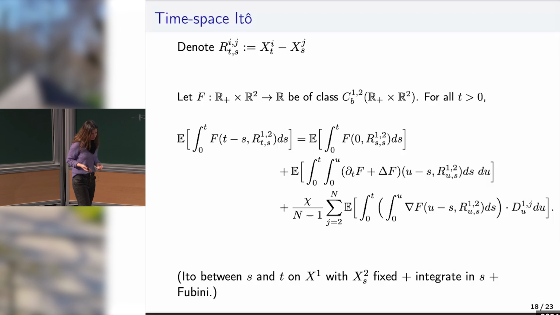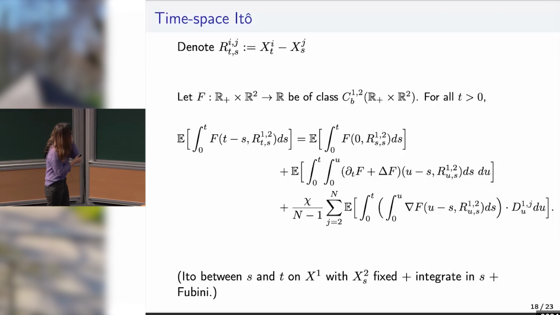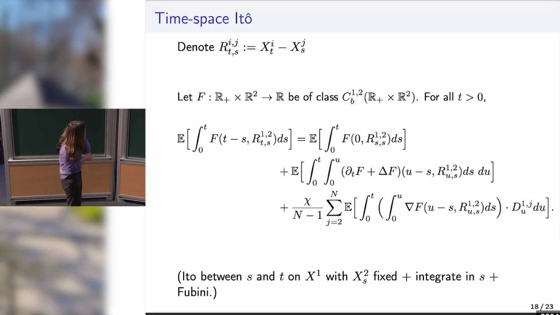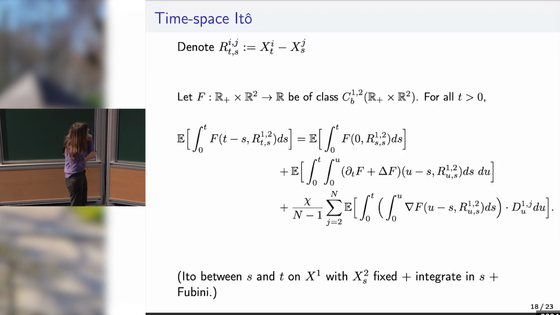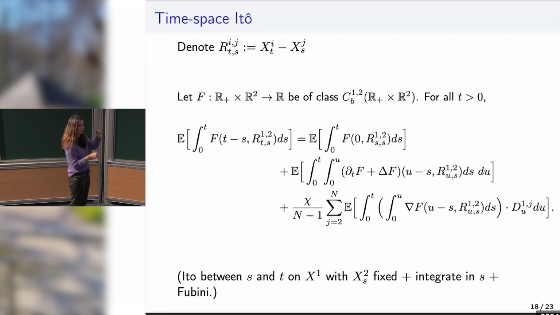But what's really important is the form of this path-dependent interaction we have. What's neat is that here the initial one is at the same time. So when you have your suitable Ito formula, you see that all the terms are path-dependent, except the one when t is equal to s.